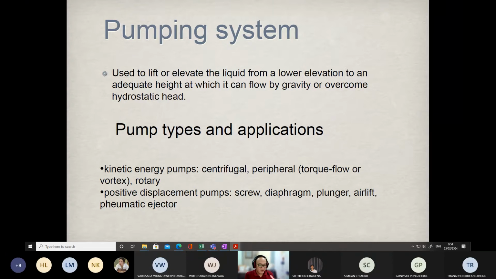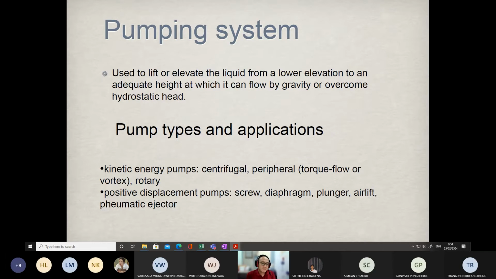Then we have the motors, and the energy is transferred to the impellers in the casings equipped with the impellers, so the pressure can be raised to lift the water from the lower elevations to the upper elevations. So centrifugal pumps are probably one of the most widely used for various purposes.